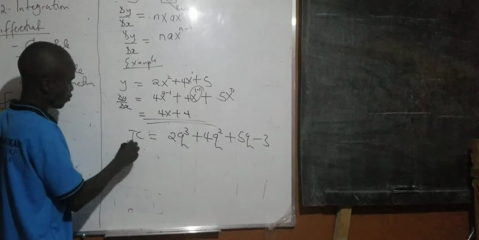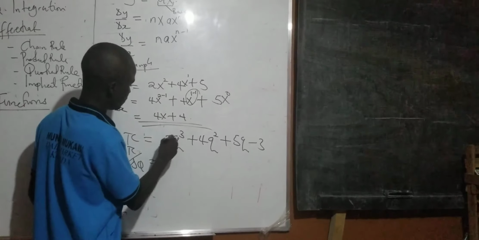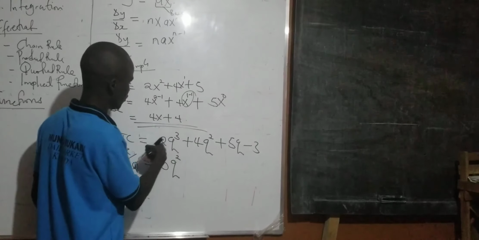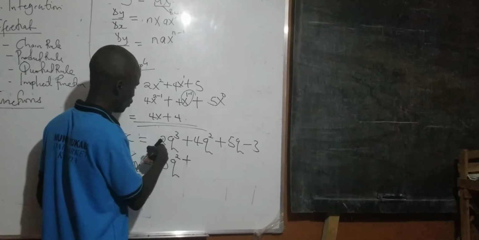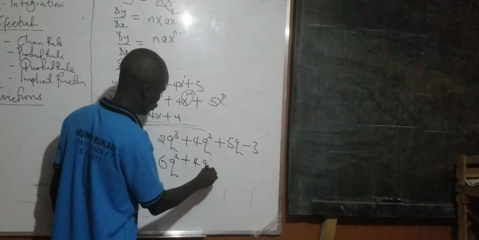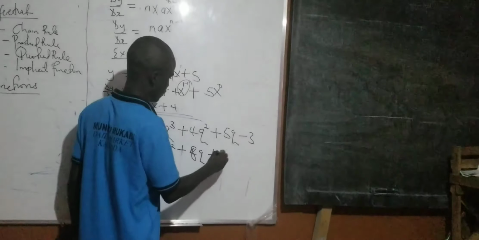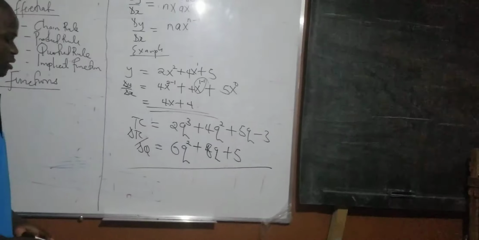Change in total cost over change in quantity equals 3 times 2, that is 6q squared, plus 2 times 4 is 8q, then plus 5. I told you the derivative of a constant is 0.